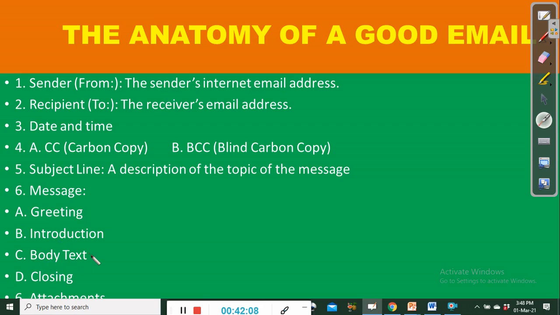Then you have the body text, then you have the closing. And the last item is the attachments. Sometimes when you send email to people, you need to attach certain documents. You need to give certain references or send certain links, all right, for further details.